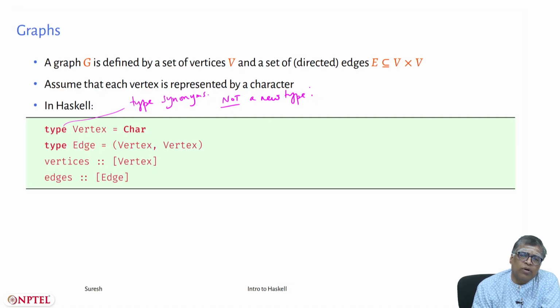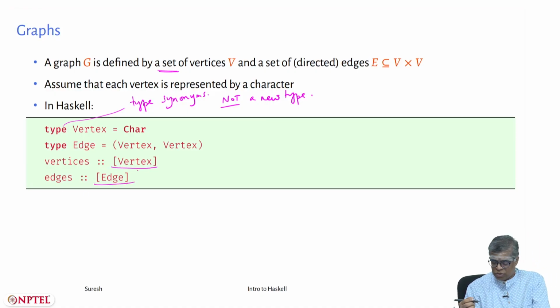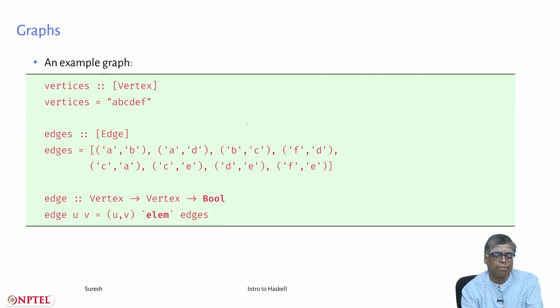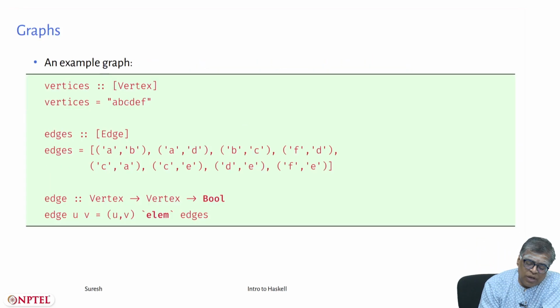Edge is another name for the type of pairs of vertices. Here we said set, but in Haskell sets will be translated to lists. So vertices are a list of vertex and edges is a list of edge. That's the type, and I have to define my vertices and edges, so I would give them as lists. For instance, I might say vertices is A, B, C, D, E, F, and edges is all this.